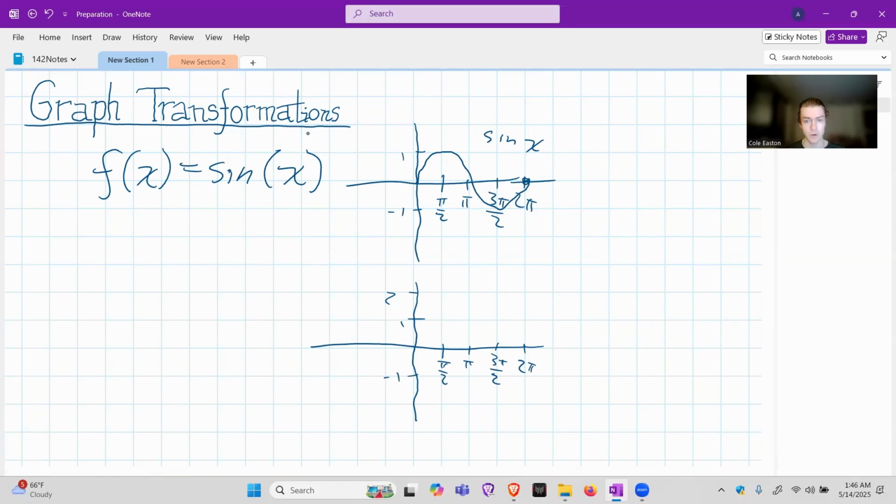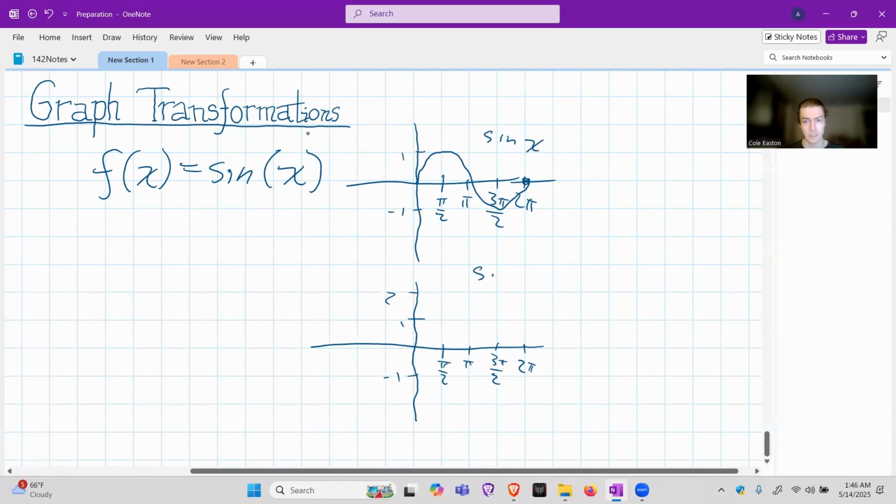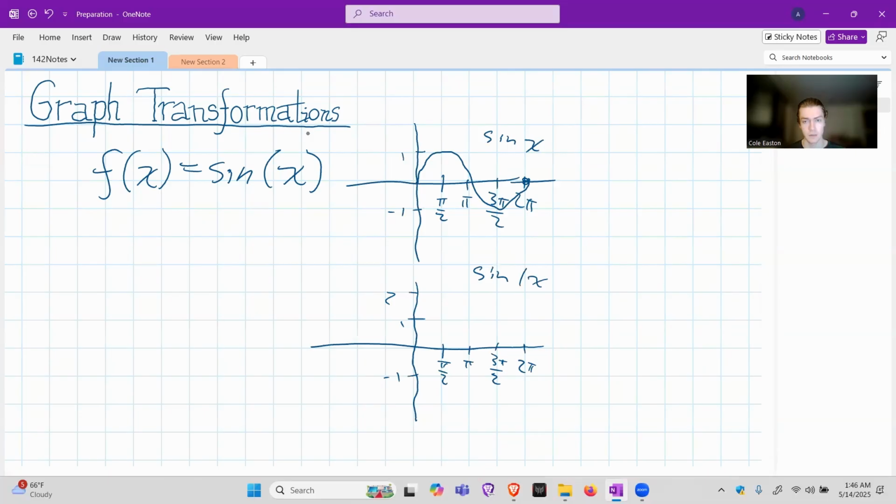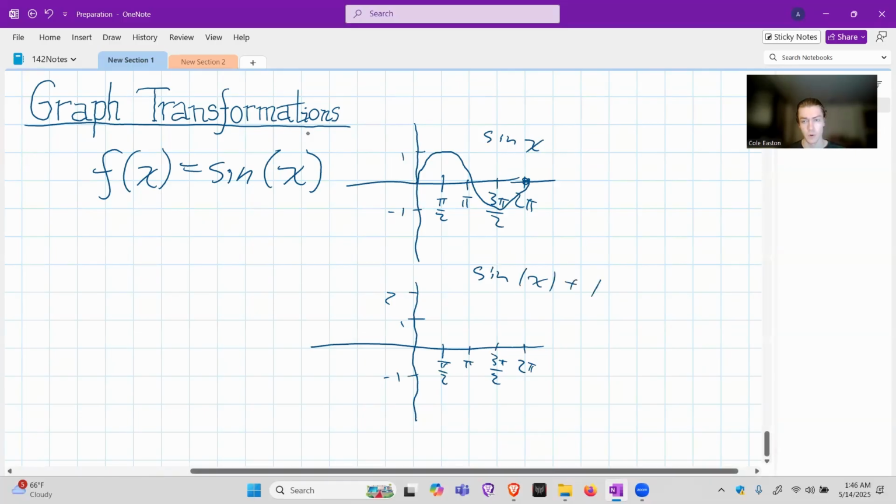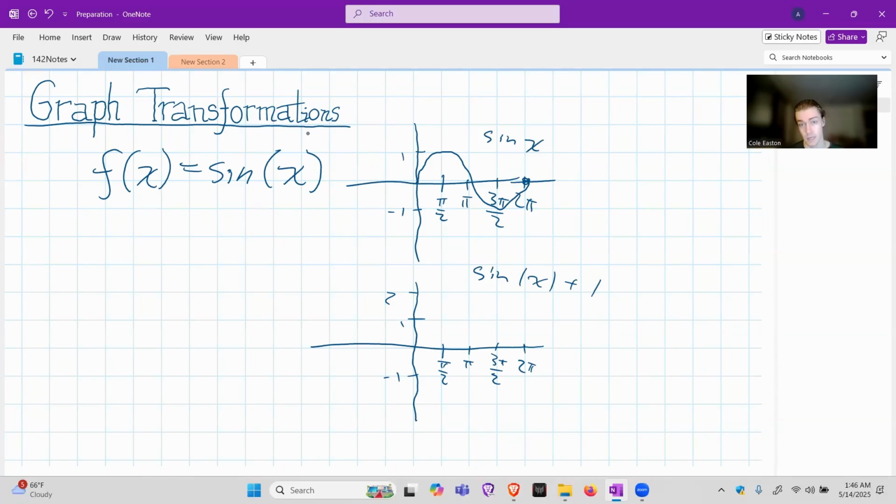And this time I want to graph sine of x plus 1. So what does that mean? So we think about with this graph, we take some x value, and then we take the sine of it, and that's the y value. So here we're going to take some number x, we're going to take the sine of it, and then we're going to add 1. So 0, we take the sine of it, we get 0, and then we add 1.